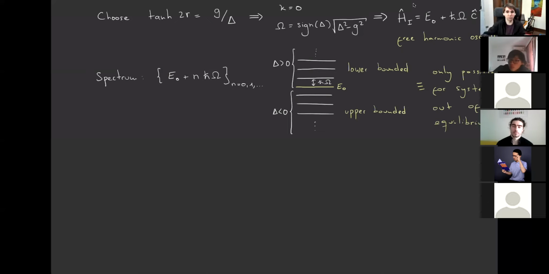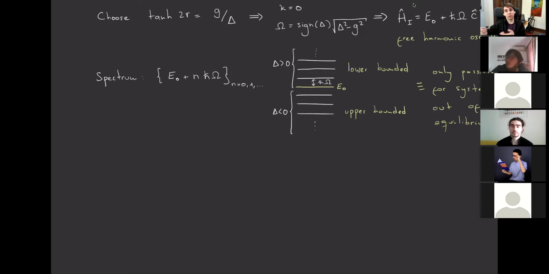But if you take into account everything, the pump mode and your initial system, you just get a Hamiltonian that describes an equilibrium system. But if you forget about one of them and use it just as a source of energy, this essentially brings the other mode out of equilibrium, and in particular makes the Hamiltonian time dependent.